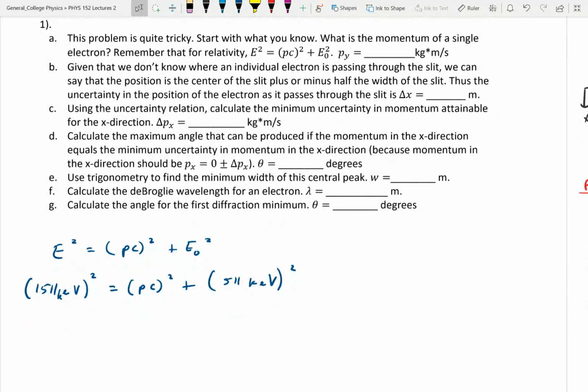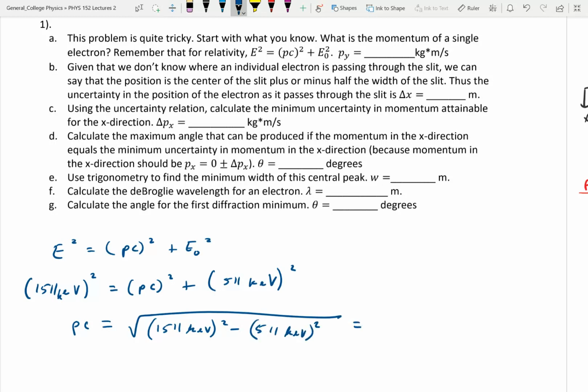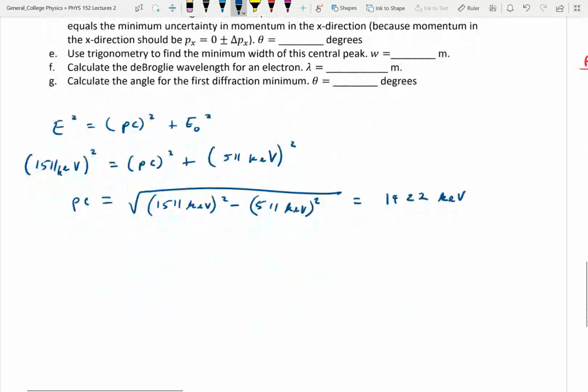So if I solve that for PC, I have PC is equal to the square root of 1511 keV quantity squared minus 511 keV quantity squared, which gives me, what does that give me? 1422 keV for PC. That is, momentum multiplied by the speed of light is 1422 kiloelectron volts.